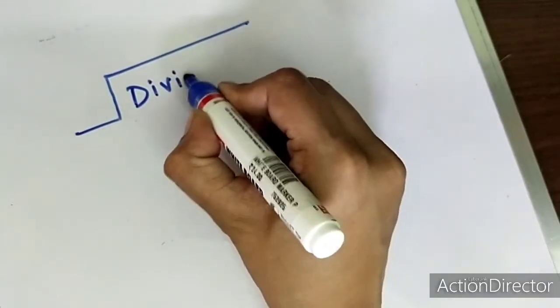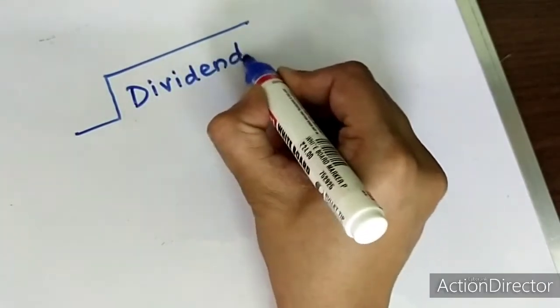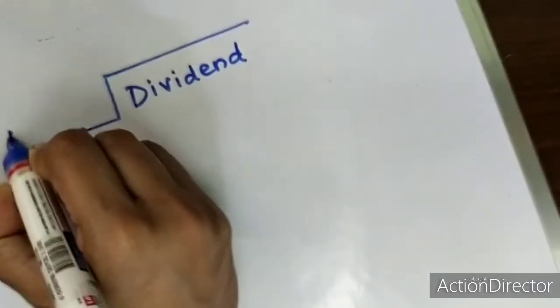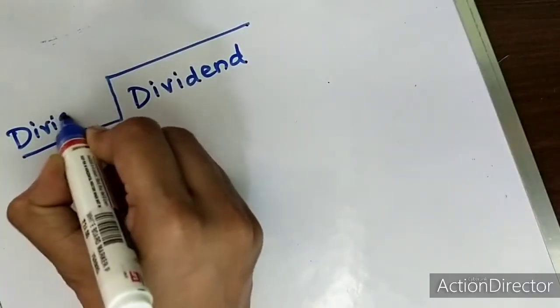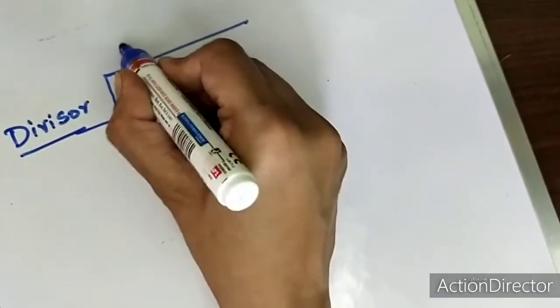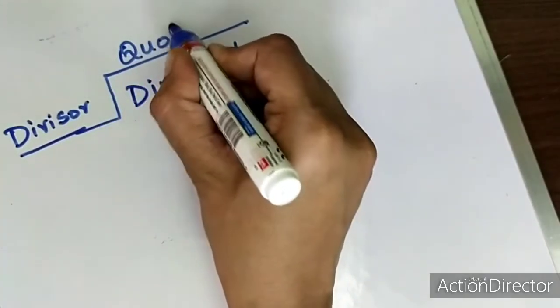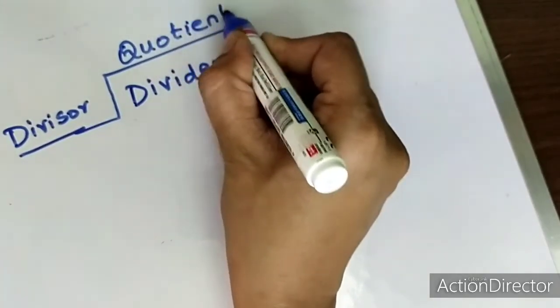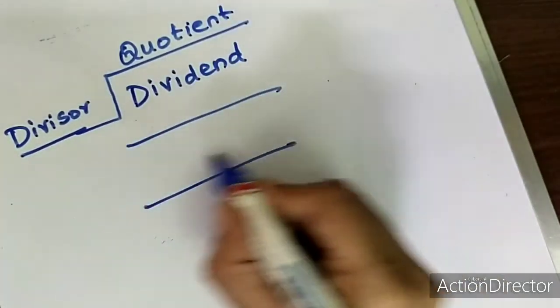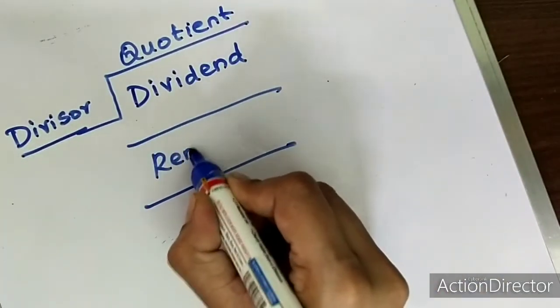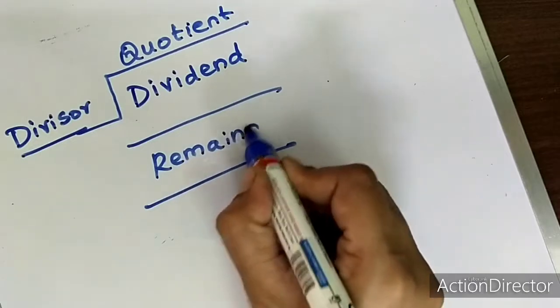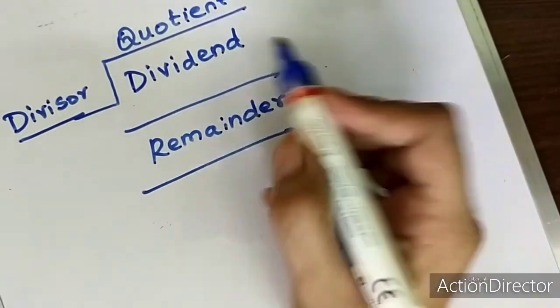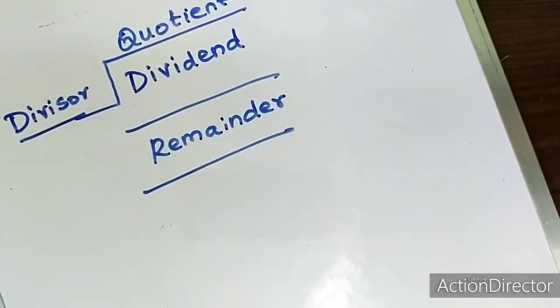Dividend, divisor, quotient, and remainder. Okay, so you all know what is a dividend. What is a dividend?